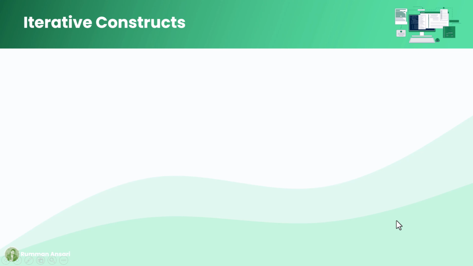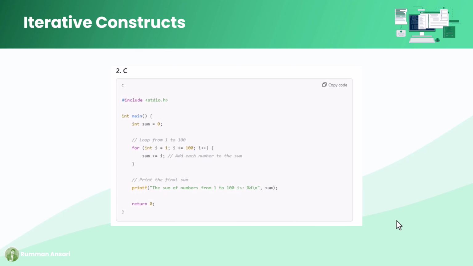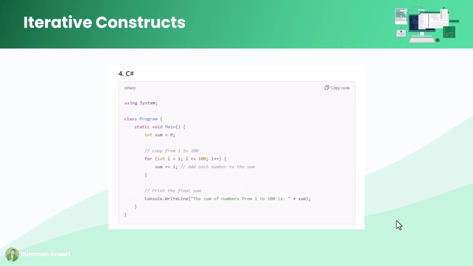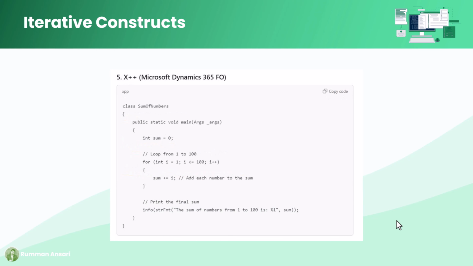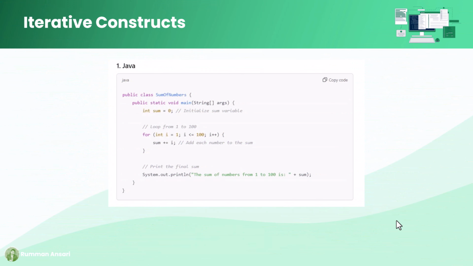Here I want to give one example using the Java programming language, but iterative constructs are available in each and every programming language. You can use any programming language to implement this iterative construct.